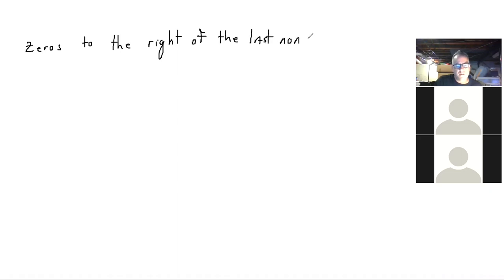The last case is zeros to the right of the last non-zero digit, but before the decimal point.